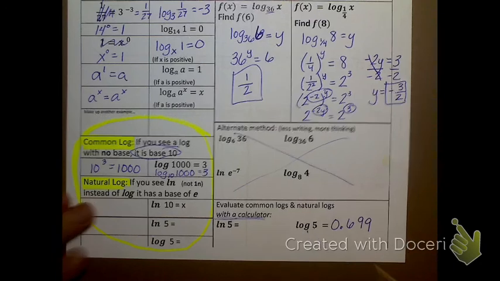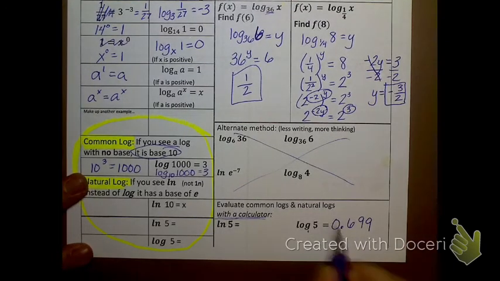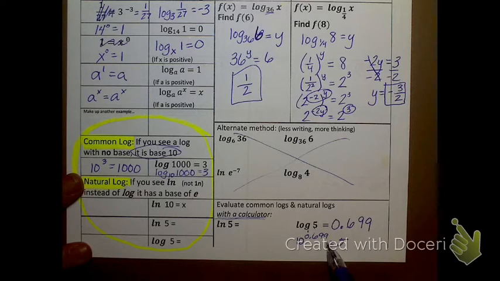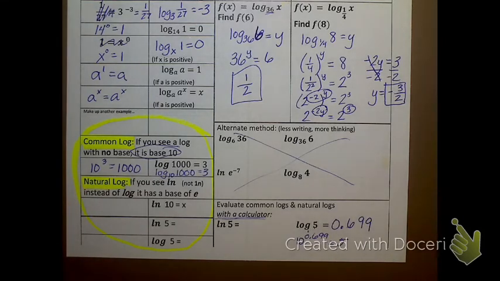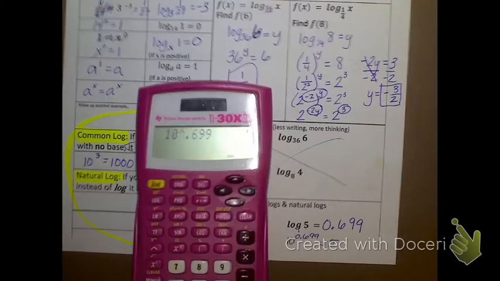So what did I just solve? Log of 5. Well, if I wanted to check this, doesn't my answer mean that 10 to this power equals what? 5? Isn't that what it would look like in exponential form? Let's check that. Is 10 to the 0.699 power equal to 5?